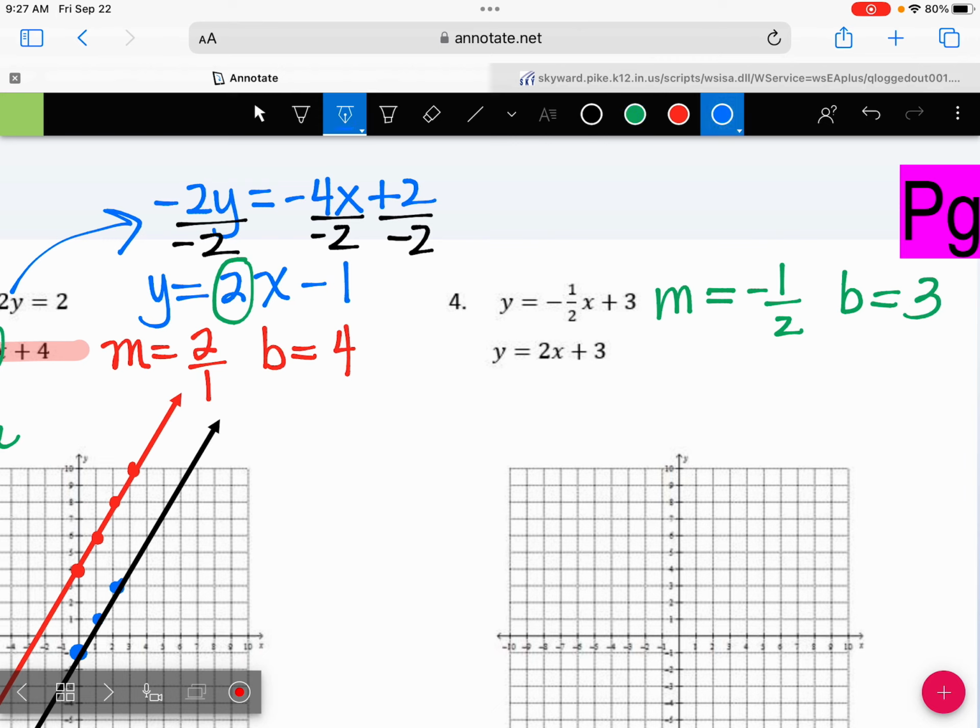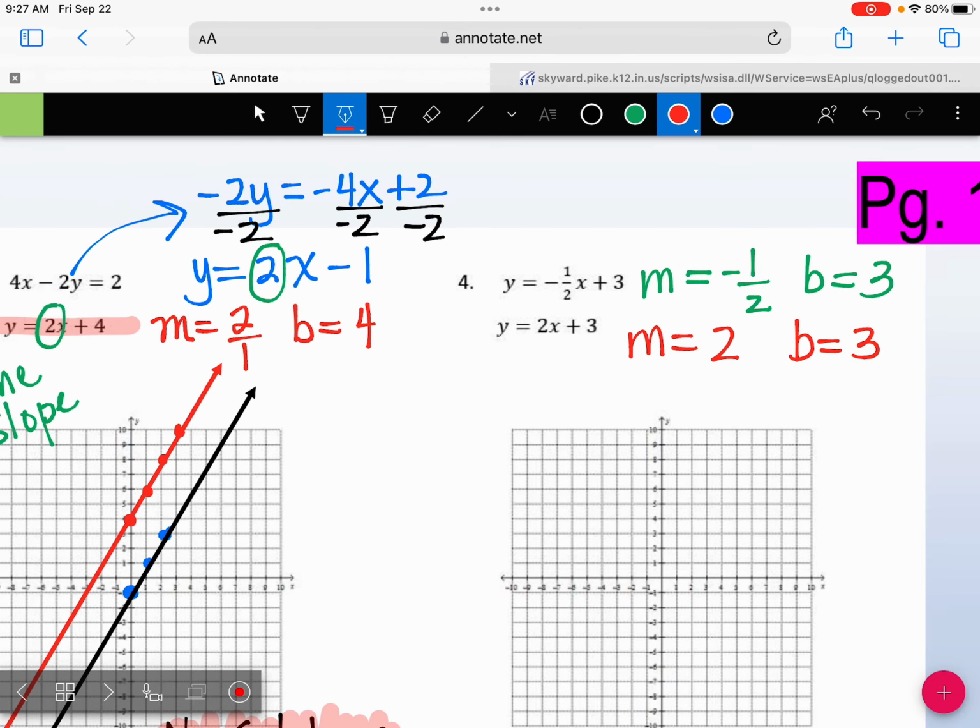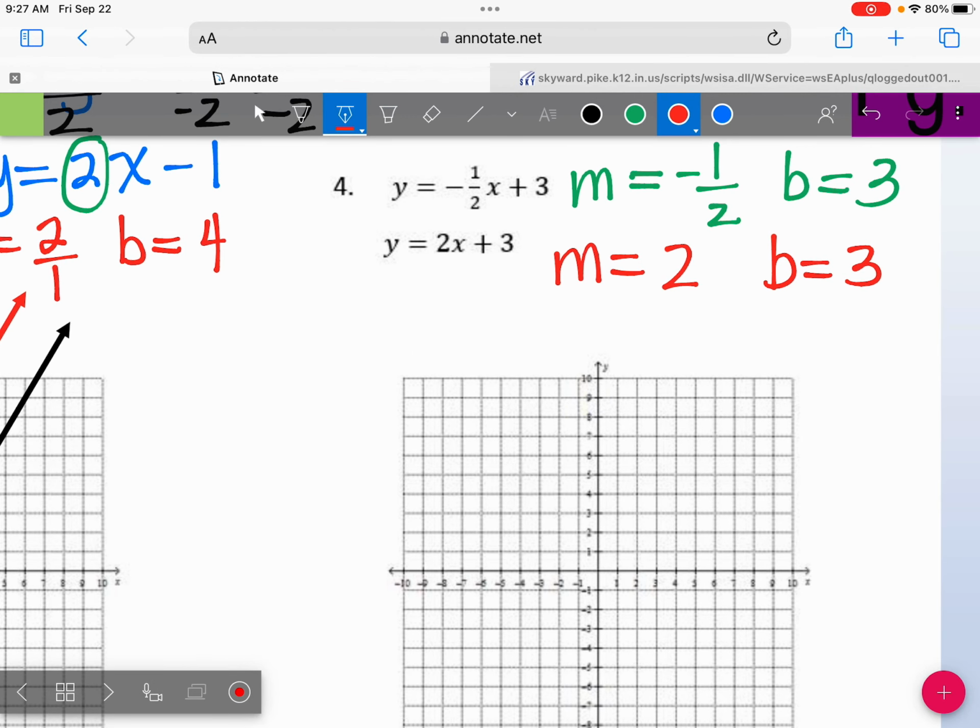As long as your slopes are different, that means you will have a solution. So for number 4, we have different slopes. Even though we have the same y-intercept, we know that it's going to have a solution.